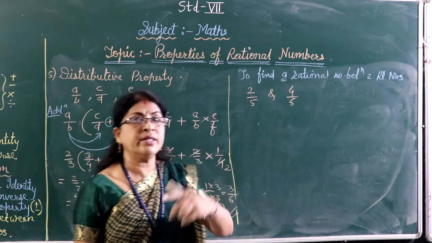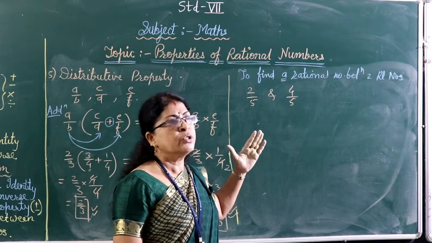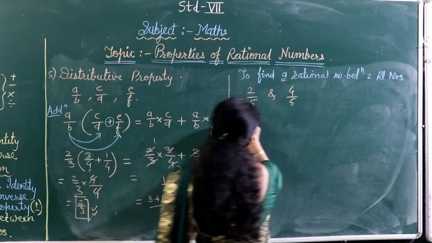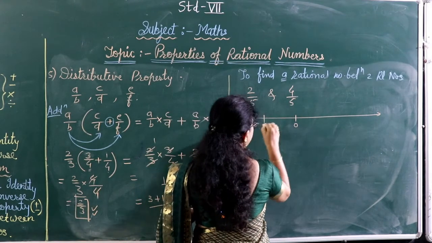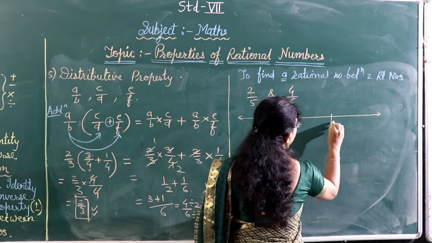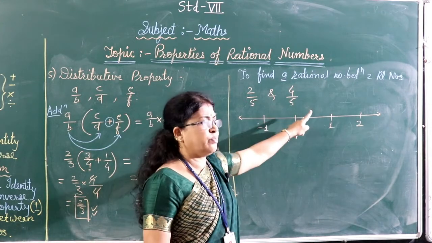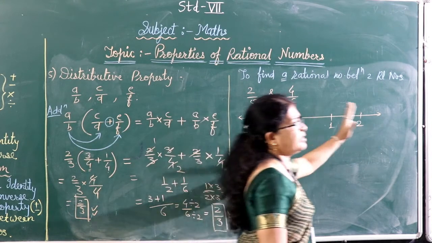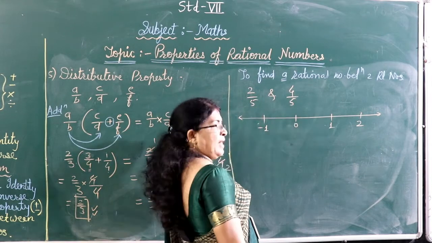First I will explain with the help of a number line, and then we will learn how to solve by the average method. Okay, so see, this is a number line. 0, here will come -1, the right side will be +1, 2, like this. Now as both are positive, they will come to the right side of 0. If they are negative, then we will need the left side.